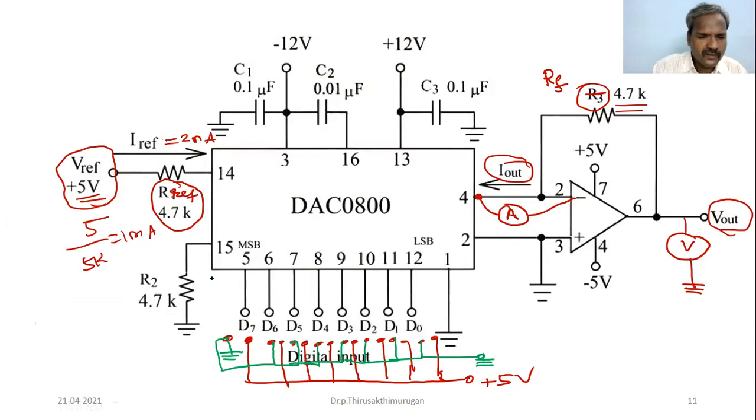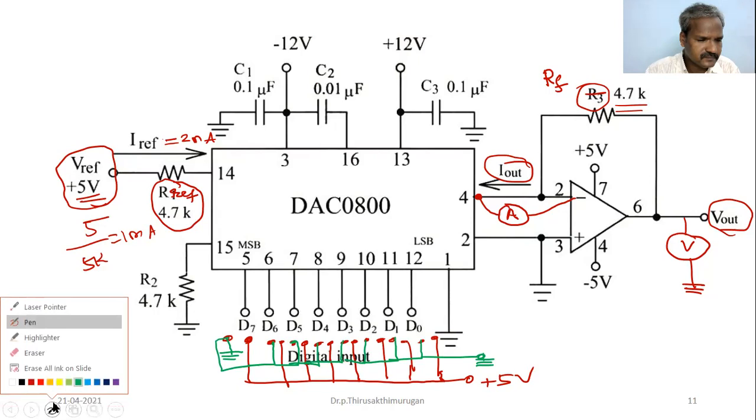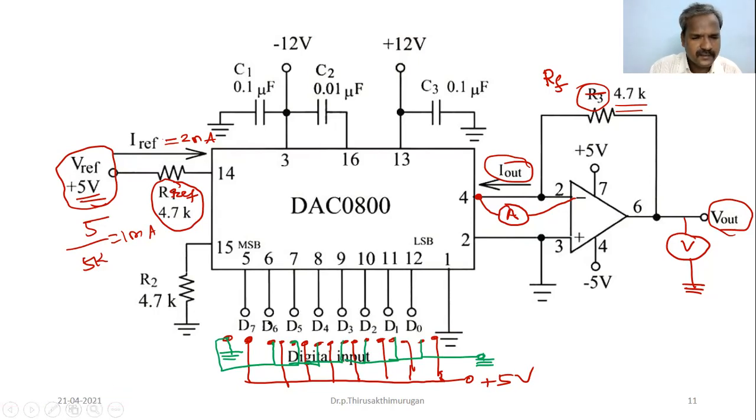Ground. So next is switches. This is a simple operation. From here, either you connect here. If we connect here, D7 equals 0. If we connect here, that is D7 equals 1.